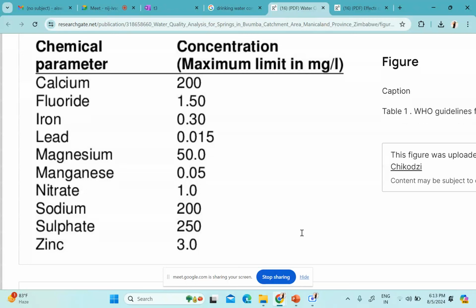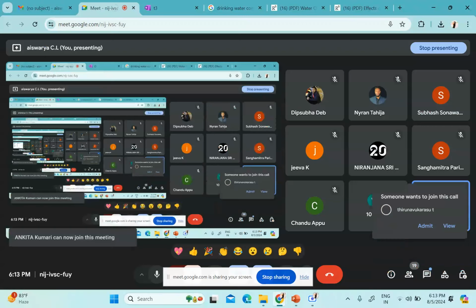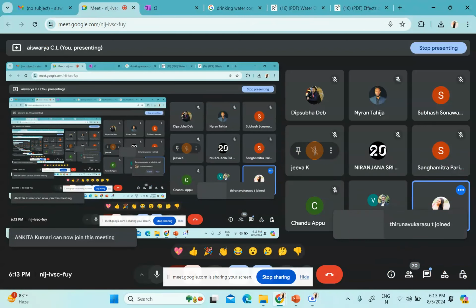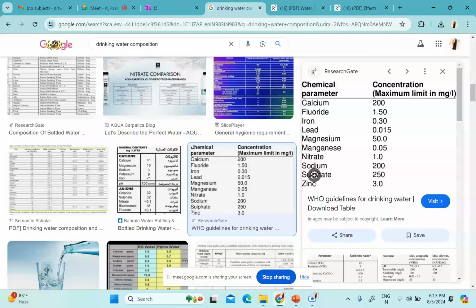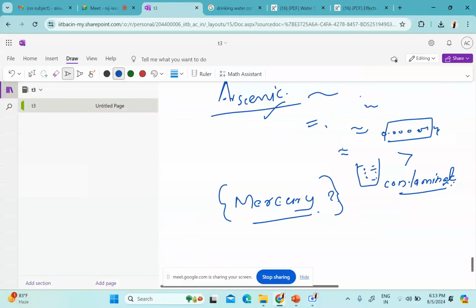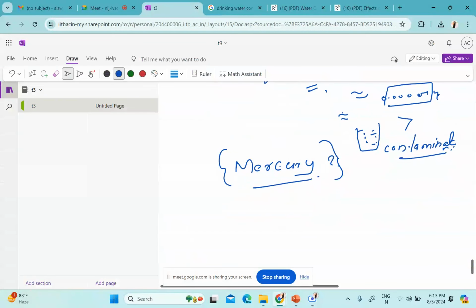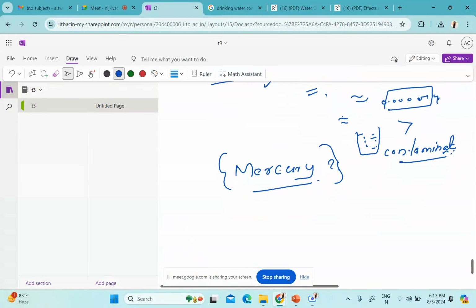That is what I'm saying for arsenic. But there are some other things. If they are present in very small quantities, they can still be called pollutants. For example, mercury. If mercury is present even in very small amounts, it is a pollutant. Other than that, you can also name pesticides.